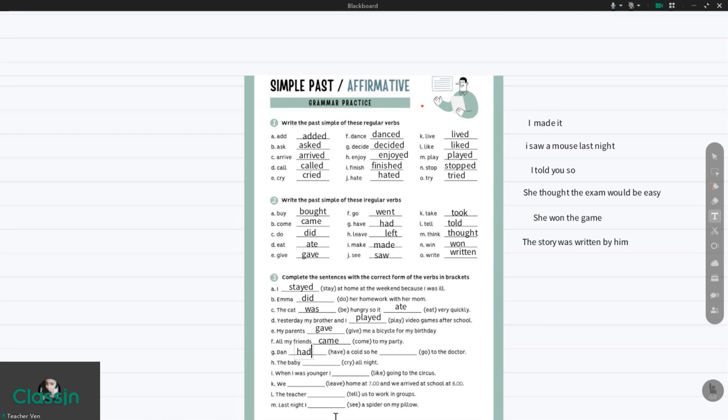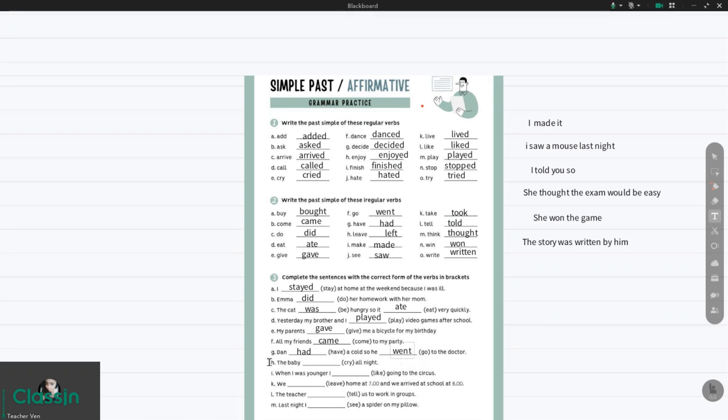Okay. Dan had a cold, so he go. For go, it becomes went, right? Went to the doctor. All right. Let's repeat. Dan had a cold, so he went to the doctor. Okay.